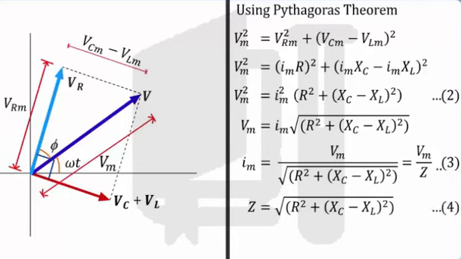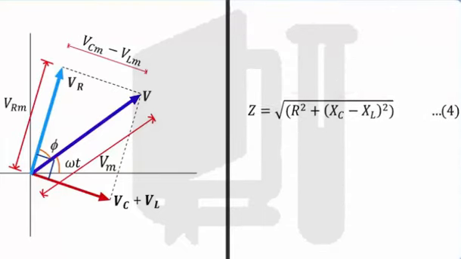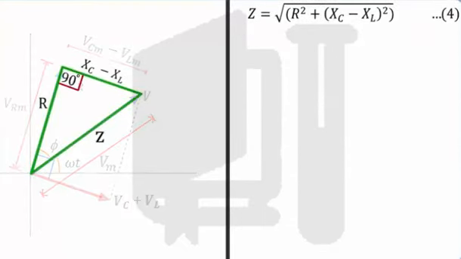The impedance equation can also be written as Z square is equal to R square plus (XC minus XL) square. This equation represents a right-angled triangle as per Pythagoras theorem. This triangle is called the impedance diagram.